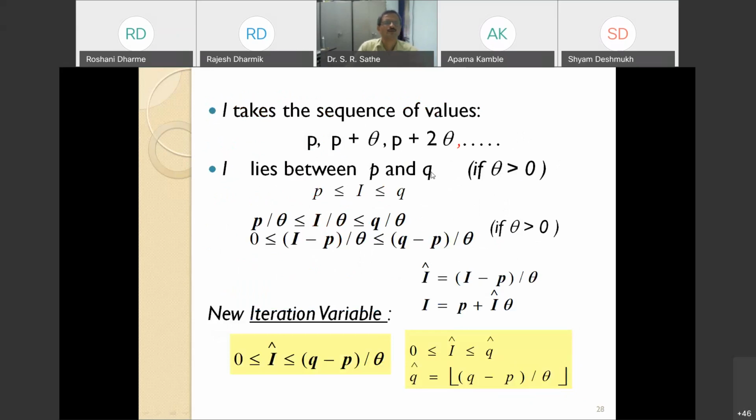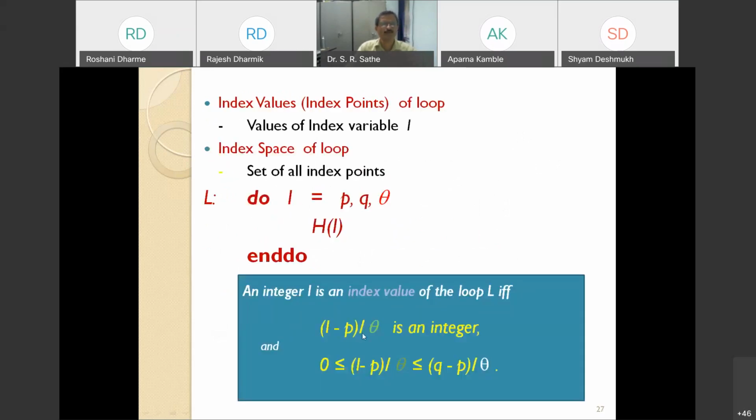So I is an index value of the loop L if (I minus p) by theta is an integer, and 0 must be less than or equal to (I minus p) by theta, less than or equal to the final value, (q minus p) by theta. This is where I have normalized the loop.